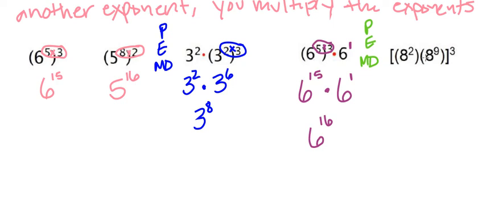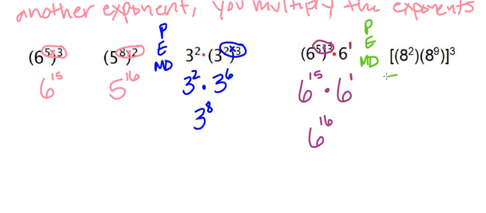Now, this is where people sometimes get confused because here, do you see we have all these parentheses? So people are like, oh, I'm going to multiply because I see parentheses, 9 times 2. No, because here, this is just saying 8 squared multiplied by 8 to the ninth. This is not the second being raised to any power. This is not the ninth being raised to any power.